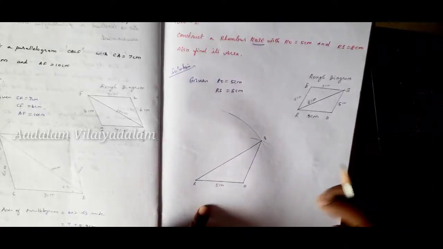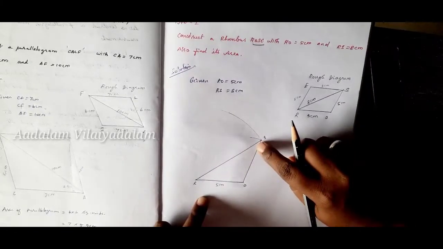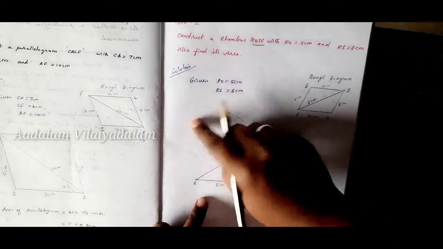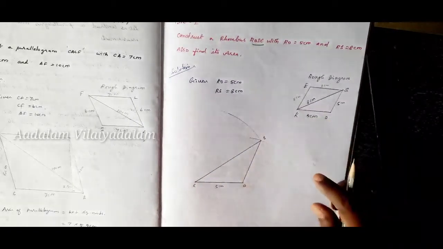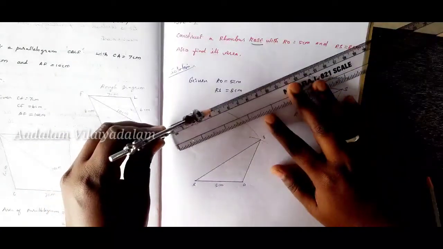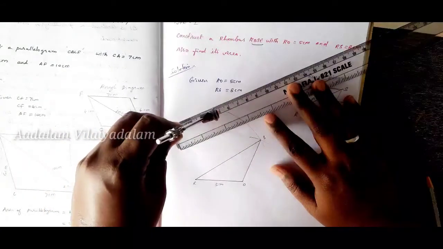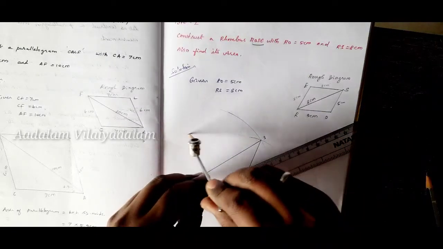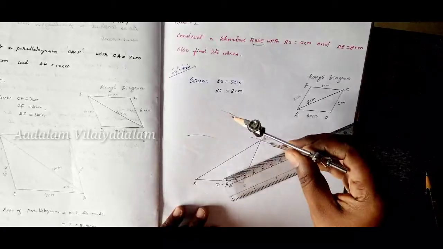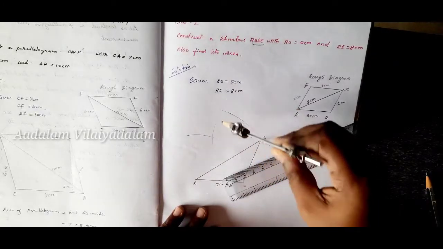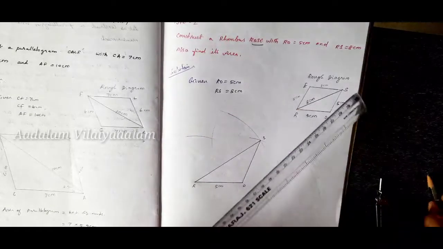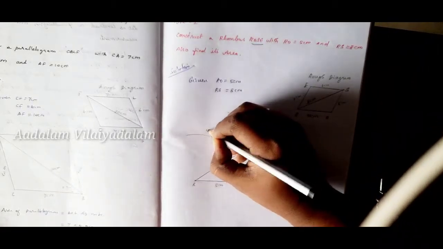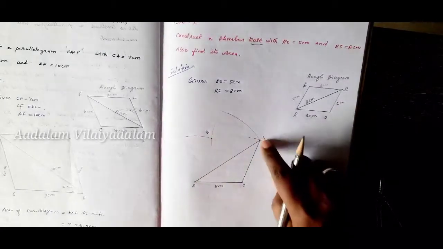Now again take 5 cm in the compass and draw for SE and RE. I have taken 5 centimeter, and again at S draw one more arc. Now the intersection of this point will be called E. Now join RE and SE.